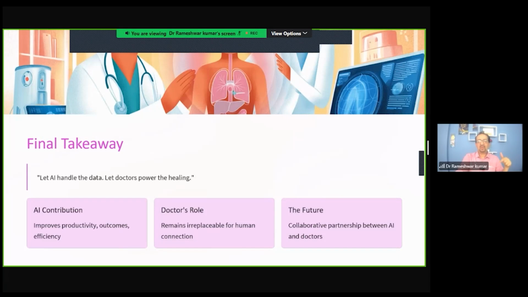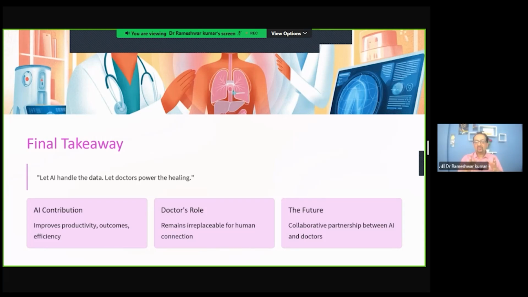The final takeaway: let AI handle the data, let doctors power the healing. AI's contribution is to improve productivity, outcome, and efficiency for the doctors, but the doctors' role remains irreplaceable for the human connection, and the future is in collaborative partnership between artificial intelligence and doctors. It's never artificial intelligence versus doctor.